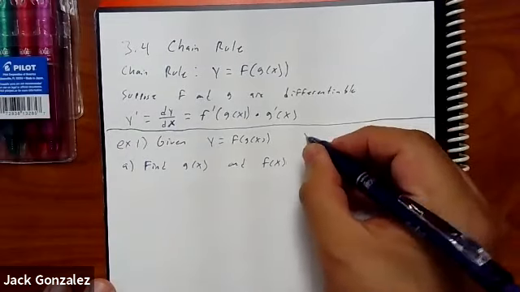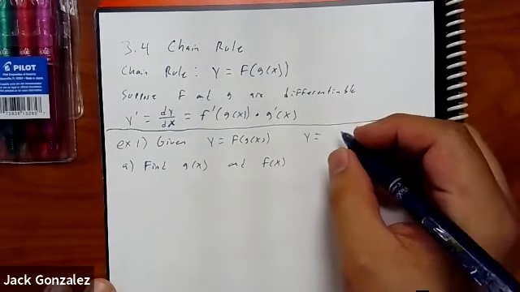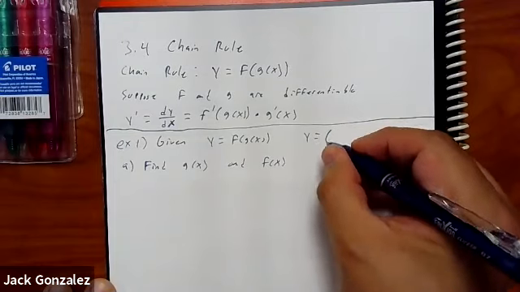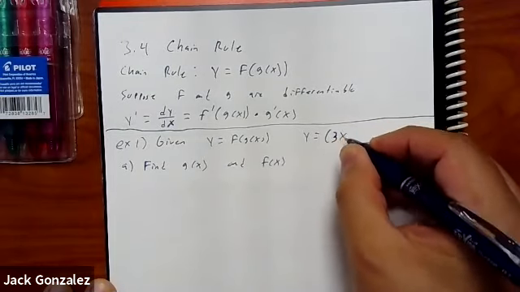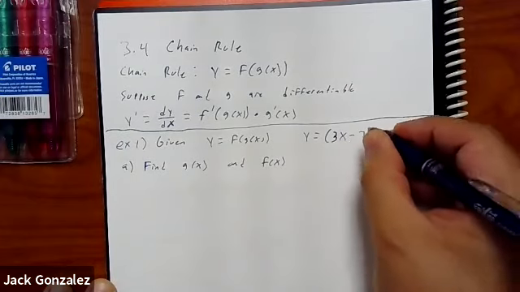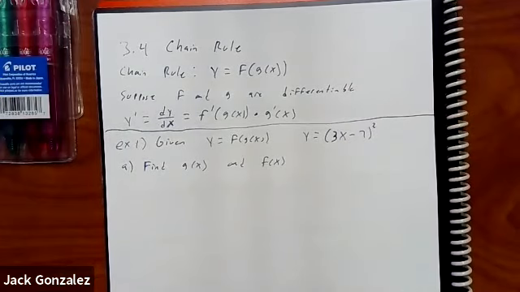So here is y, 3x minus 7 squared. 3x minus 7, the whole thing squared. So do you see what the inner function is going to be? 3x minus 7.